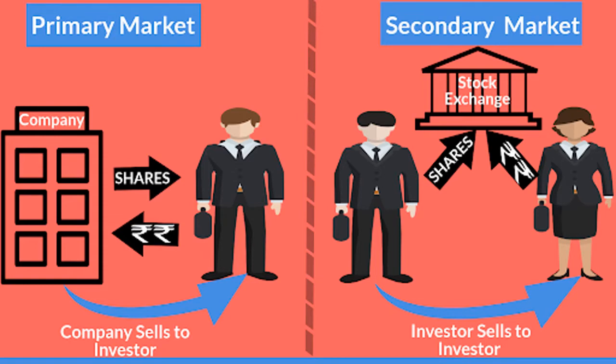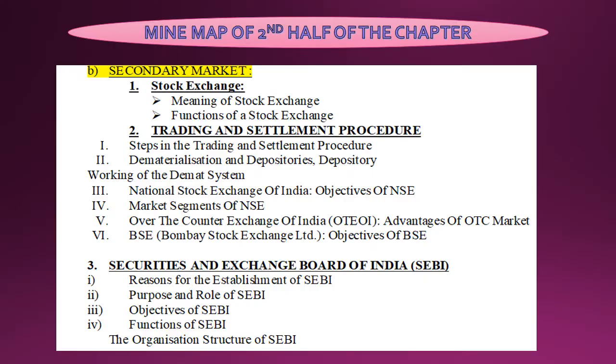But when it comes to the secondary market, we are talking about existing shares, shares which were already sold to the public, and further sold by the public to other investors through the mechanism of the stock exchange. Even in the primary market you have a stock exchange in place, but the shares you're selling are new shares. In the secondary market, the shares are old shares. That is the meaning of the market.